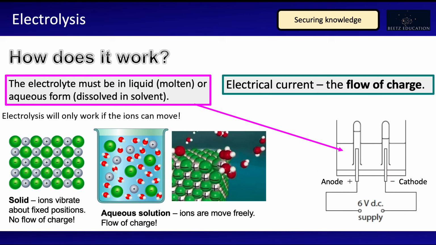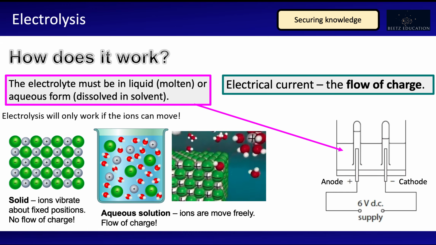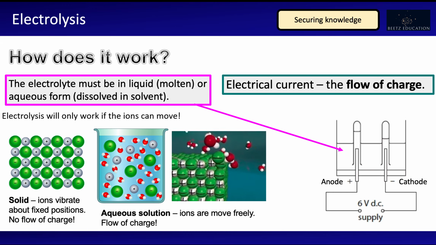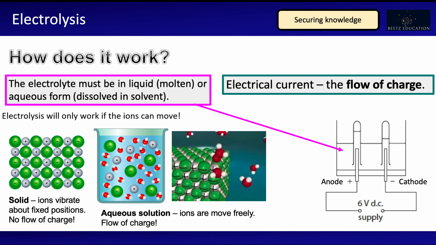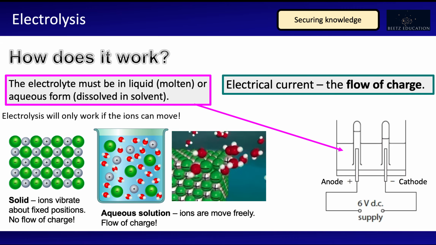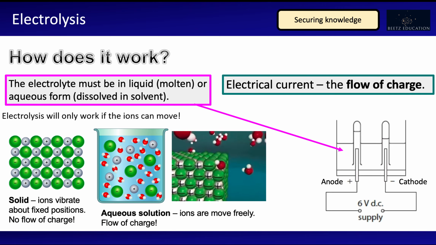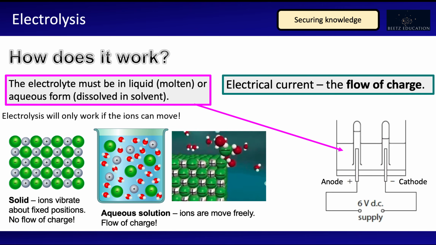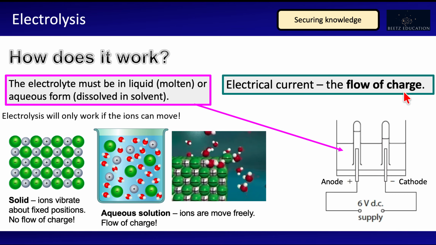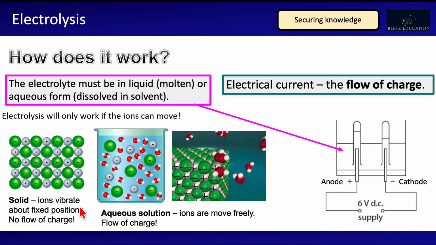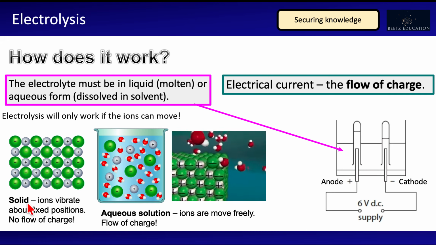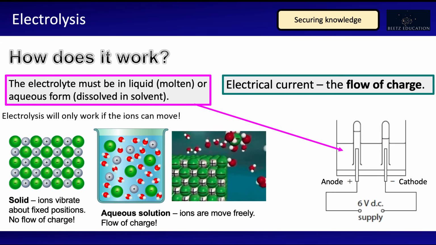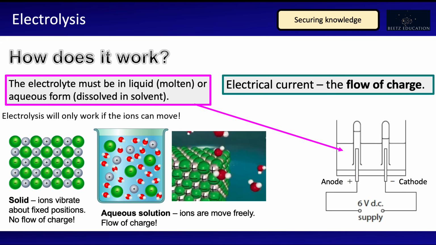Now, the electrolyte, i.e. the substance that we are breaking down, must be in liquid, i.e. molten or aqueous form. In other words, dissolved in a solvent to form a solution. As I mentioned previously, there must be a flow of charge. So this will not work if the substance you are using is a solid, because for ionic substances, we know they have a lattice structure with ions vibrating about fixed positions.